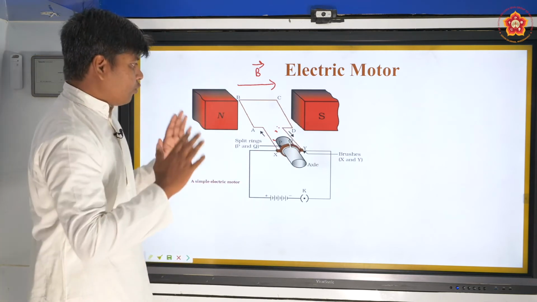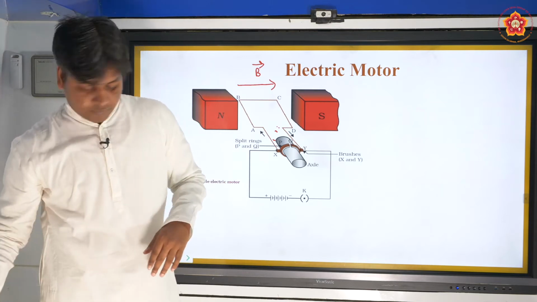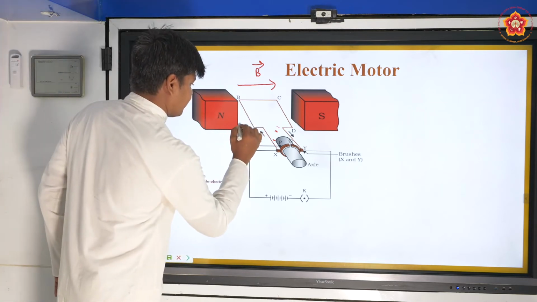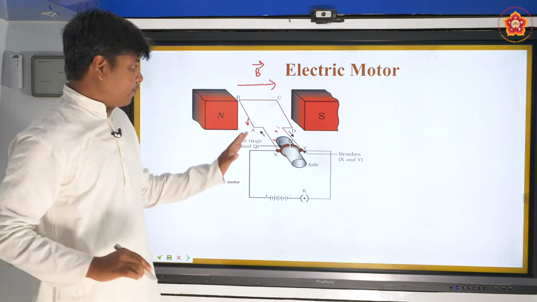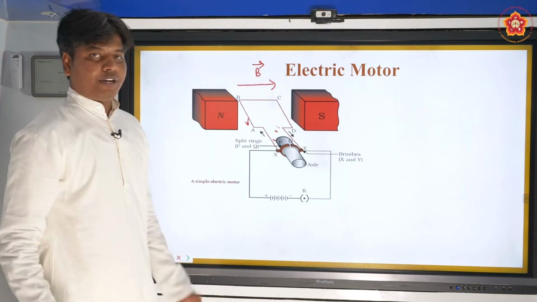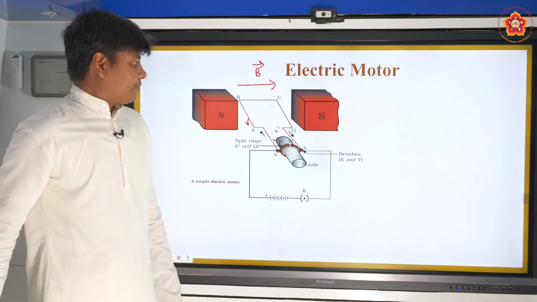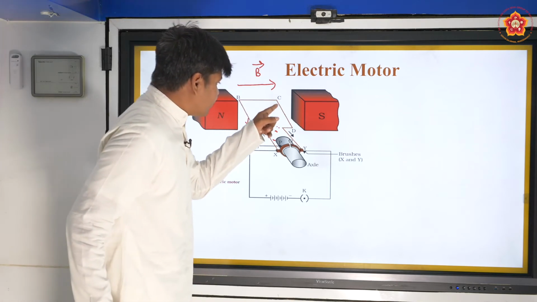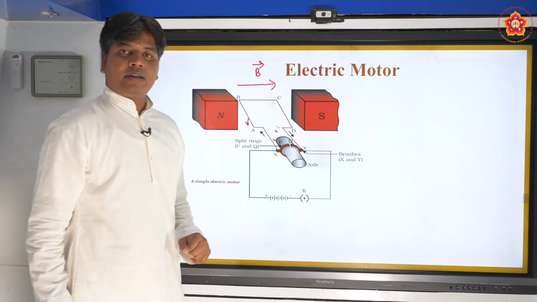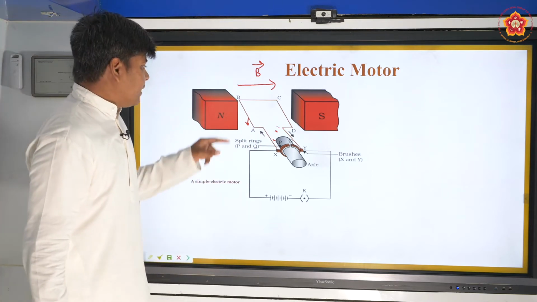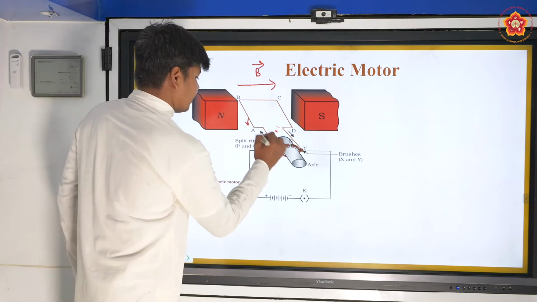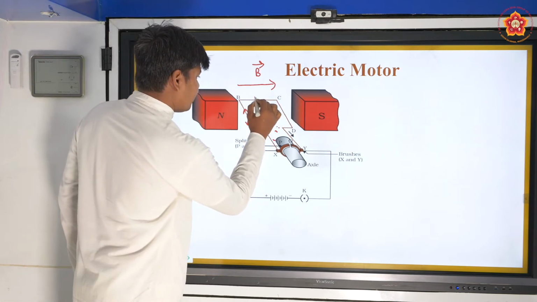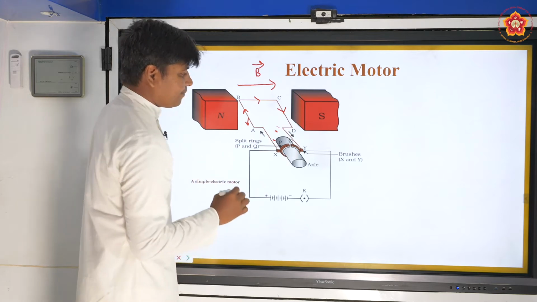Okay. Now let us draw it like this, for instance, for this point of time, when it is at this point. Now just observe the segment CD. The current goes from A to B, B to C, C to D, right?